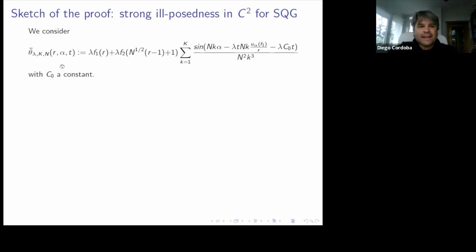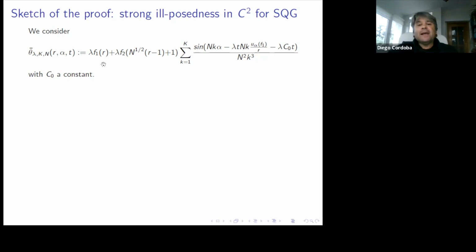So my solution theta bar is going to be of this sort. The radial solution is going to be lambda. Lambda is a parameter that I'm going to choose, and actually I'm going to choose it small. Capital K is a parameter and capital N is a parameter, which I will choose later. So my solution will consist of lambda times F1 of R. This is my initial radial stationary solution.